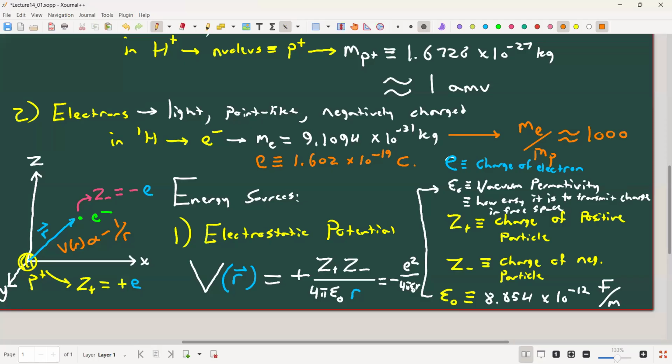This should give you pause for a second. Because what this is saying is that the electron, regardless of its position, always feels a force pulling it towards the proton. Always. And that force gets stronger and stronger the closer the electron is to the proton. It's 1 over r. So as r gets smaller, this force gets stronger.